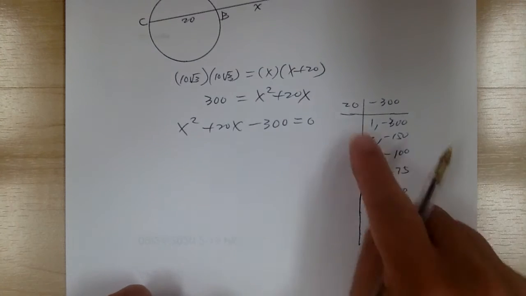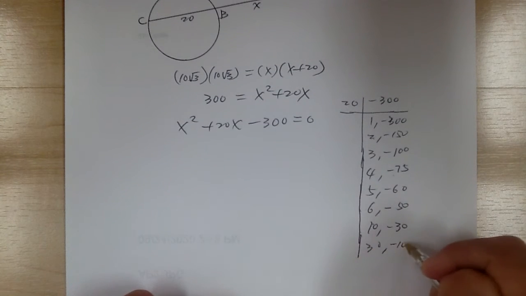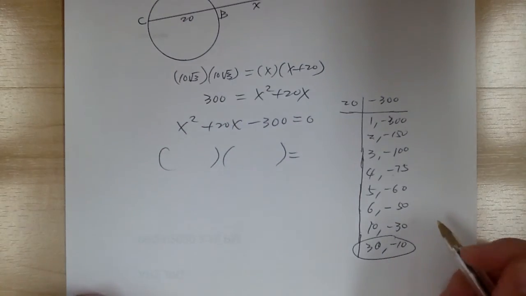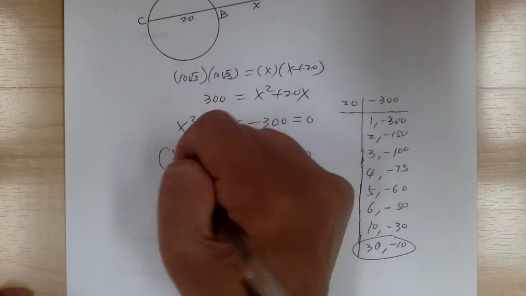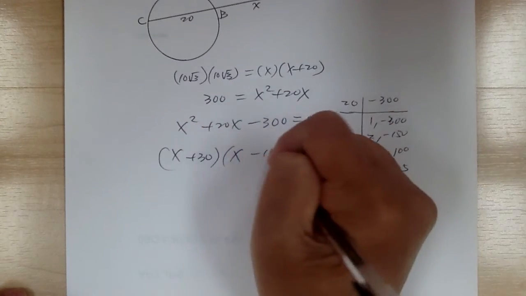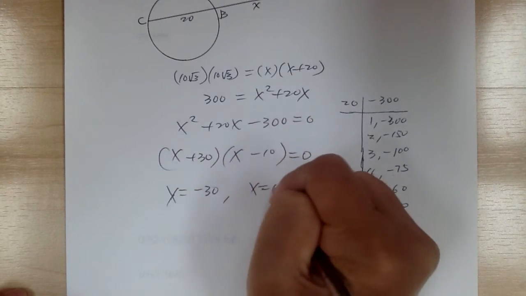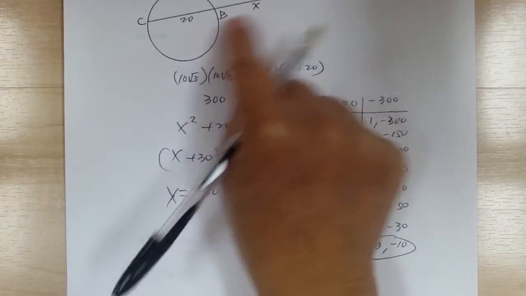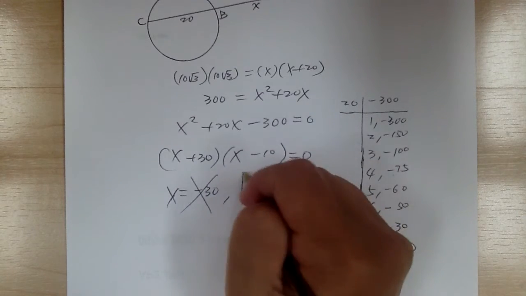When you get over here, you can see that you have to switch the sign, so it will be 30, negative 10. So it will be plus 30 minus 10, so x equals negative 30 or x equals 10. Now because we deal with a real object or picture, it cannot be negative. So x equals 10.